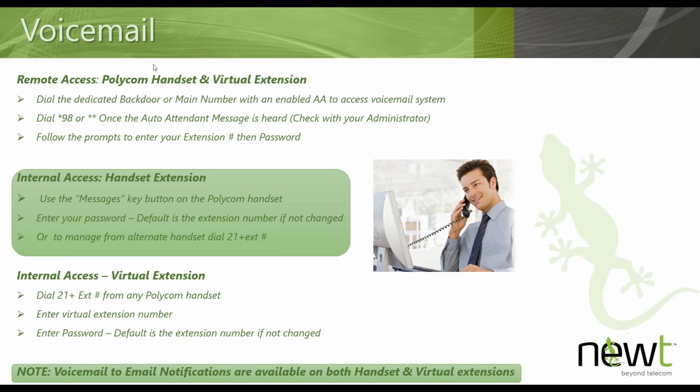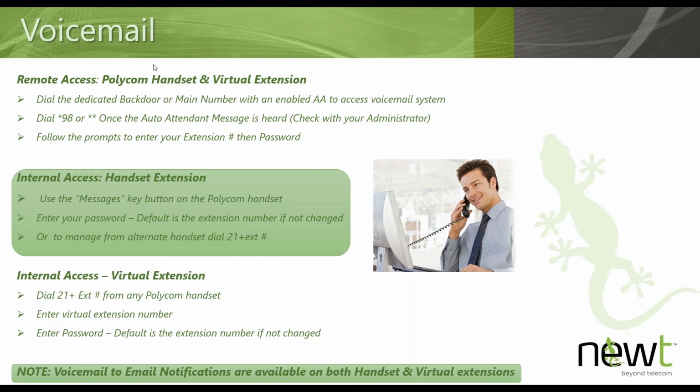Through a Polycom or GrandStream handset or a virtual extension, you can check voicemail for those extensions. And one of the really cool things you can do, and we explore this in our remote work videos, which I'll show you at the end, is you can have a dedicated backdoor phone number or any phone number with an active live auto attendant, which means when you call it right away, it says, "Thank you for calling Phil's Trucking Company," or whatever the actual company's called.